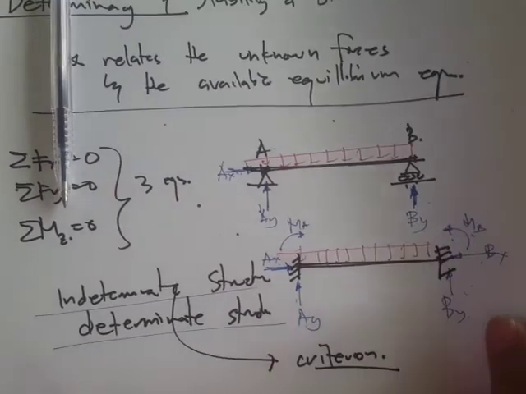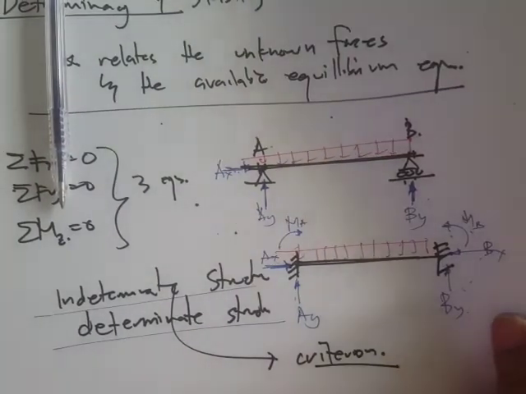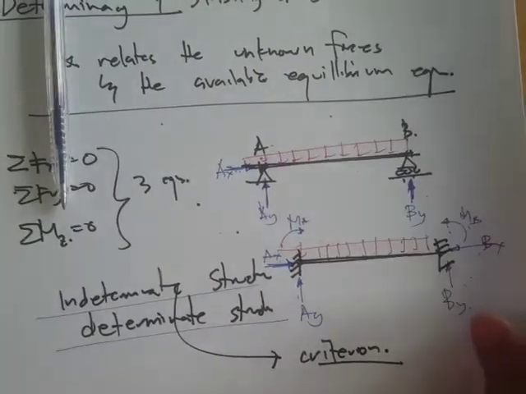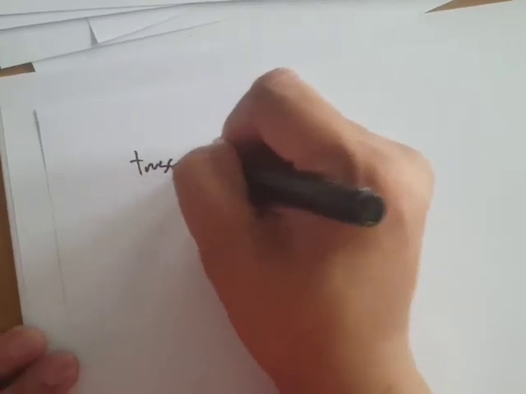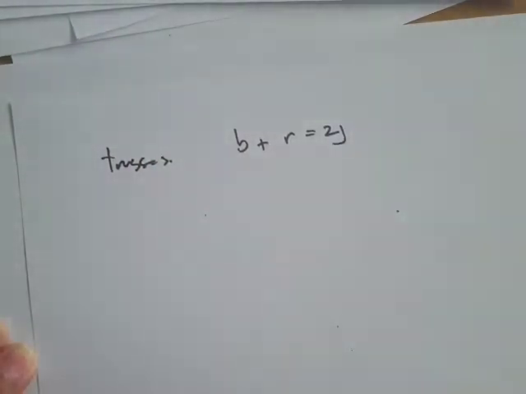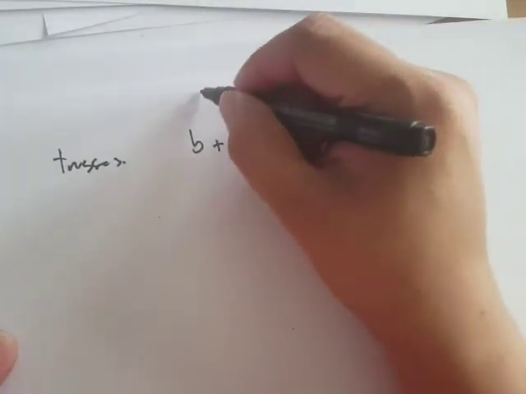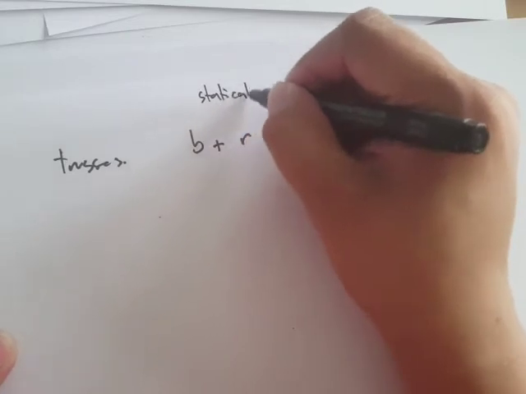So we have a criterion for the trusses and beams and frames. Okay, so for trusses we have B plus R is equal to 2J. If it's equal, then that's gonna be statically determinate.